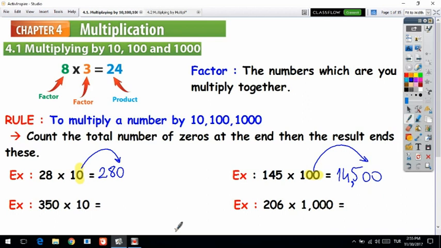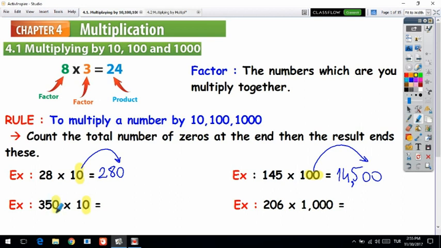Now let's look at this one: 350 times 10. First of all, what was the rule? The rule says: close the zeros at the end of the number. If I close the first one, it's not enough, so you have another zero at the end of the number.